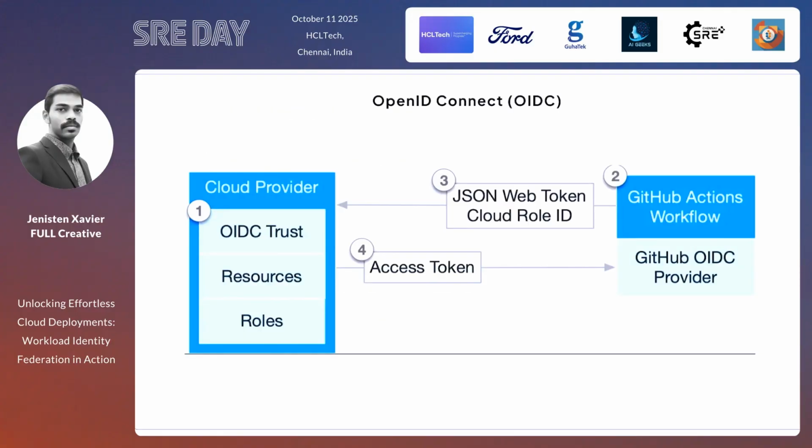This is the basic flow diagram where the OIDC standard helps us communicate between the identity provider and the workload identity federation itself.